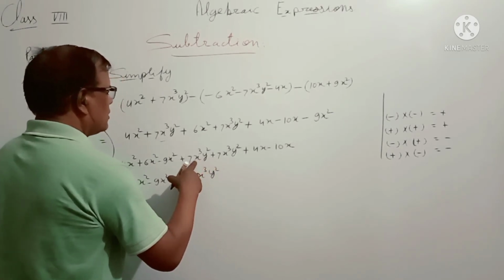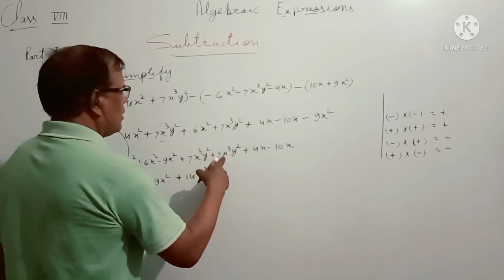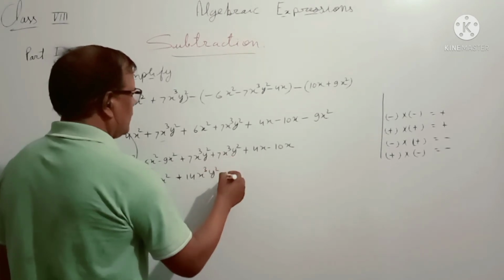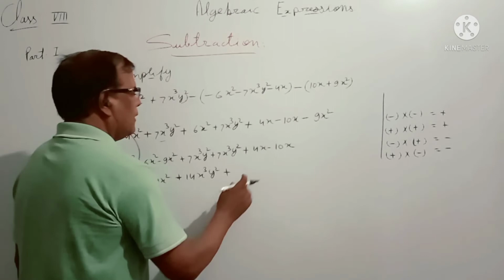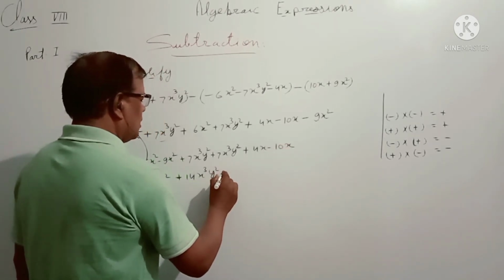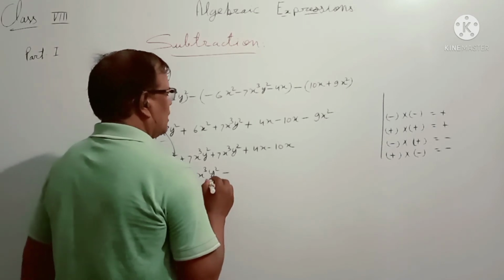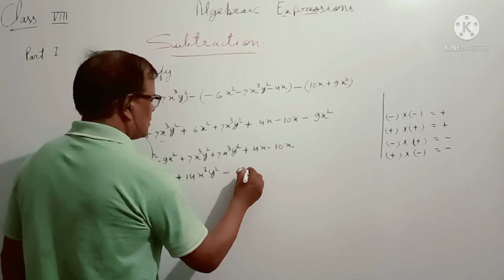It is given here 7x cube y square plus 7x cube y square. Now we are going to the next. As we are seeing here, the negative value is greater, so we will put the negative sign. Now 10 minus 4 will be 6x.